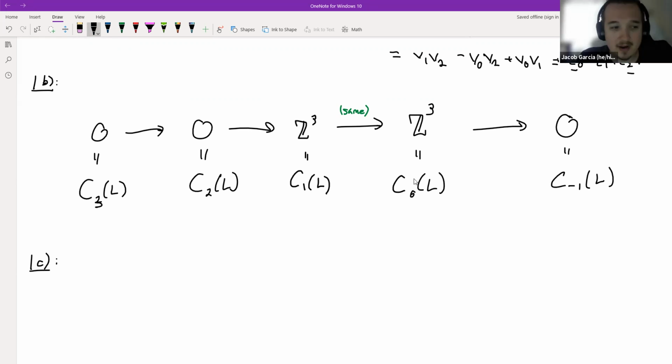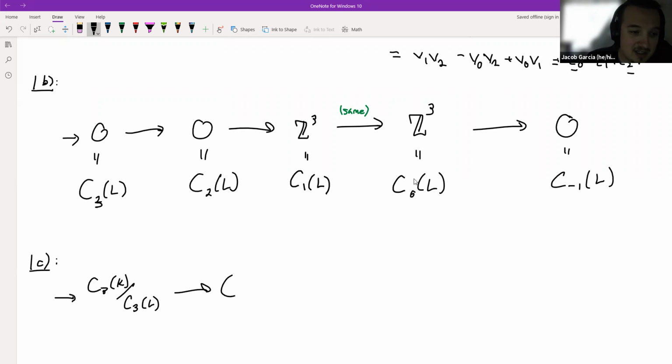All right, for 1C, we compute the relative chain complex. And these have all just been computations, but maybe this one is simple enough that I should just write it. So I take C3K and I'm modding out by C3L, and then I get C2K and I'm modding this by C2L.